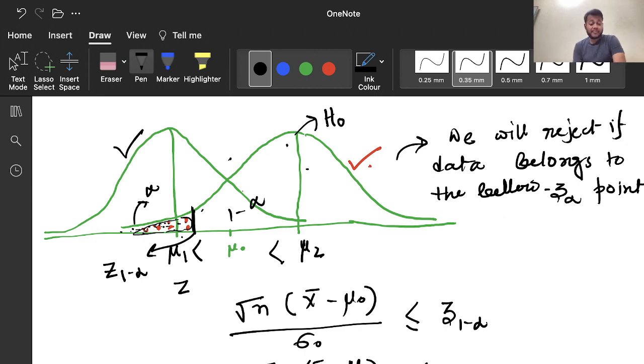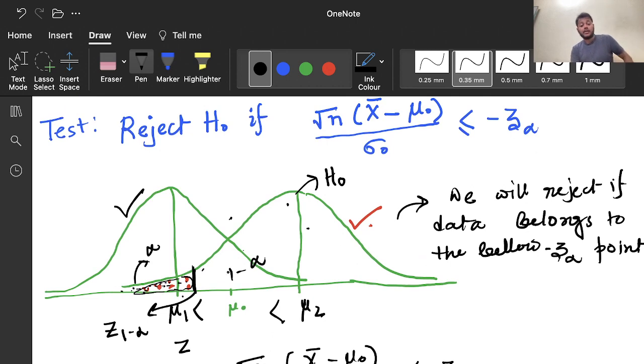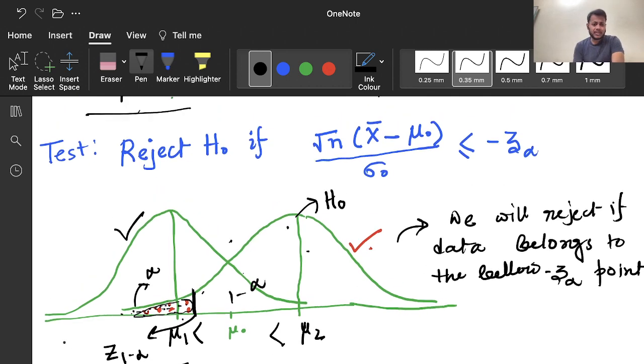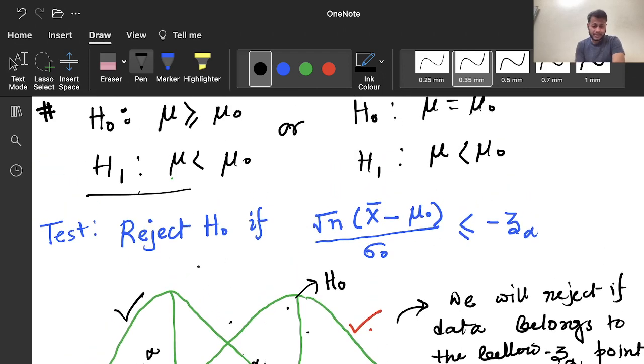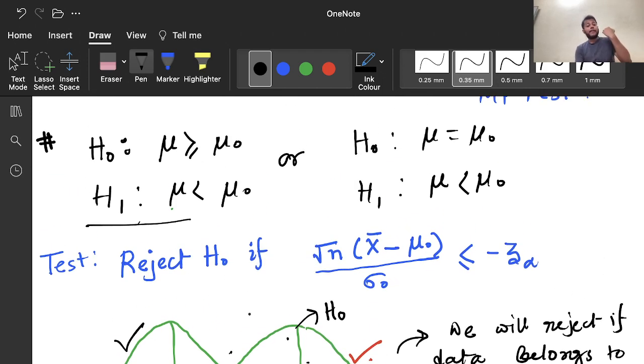And why am I taking such a test? Because it is based on my alternative hypothesis. The alternative hypothesis is mu less than mu 0 in both cases, H1: mu less than mu 0.